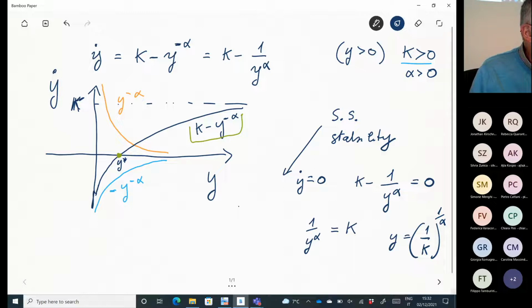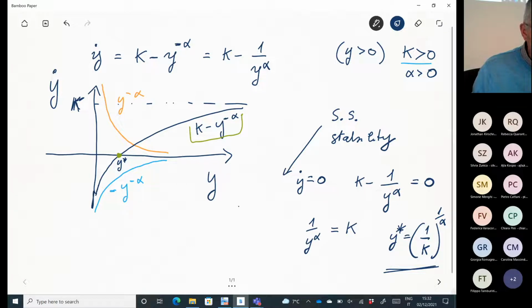So there are simple models represented by power function where you want to find a maximum or a steady state. You have to solve some power function equal to a constant, okay? So this is the solution in this case, y star, 1 over k to the power 1 over alpha. So for instance, if alpha is 1/2, here becomes raised to the power 2, okay?